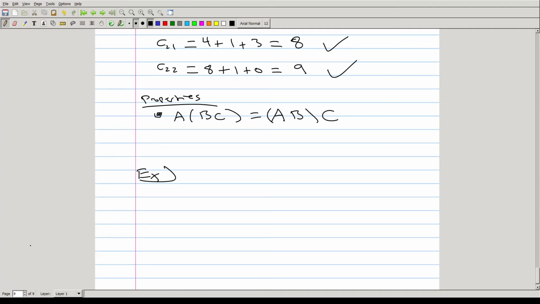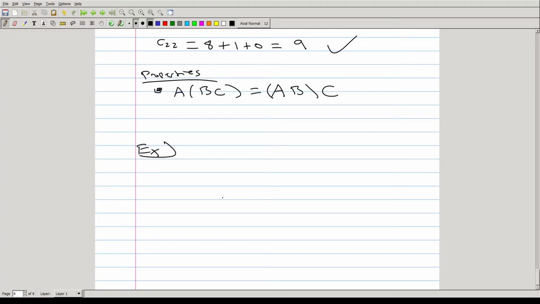There are many other properties, but this is one of the big ones that we use when proving things. However, it is not commutative, which means that A times B in general is not the same thing as B times A.